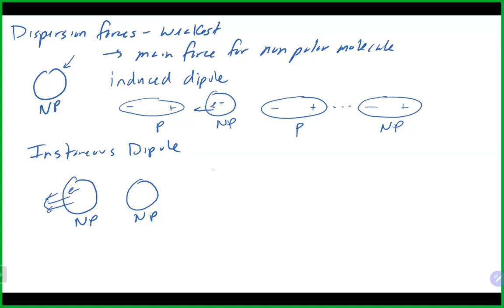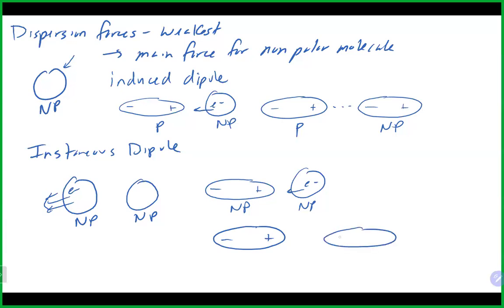If that was the case for the molecule on the left, it would temporarily create a charge separation. If it happens to be next to another nonpolar molecule, the electrons in that one would be attracted to the positive charge and create a temporary separation of charge in that second nonpolar molecule.